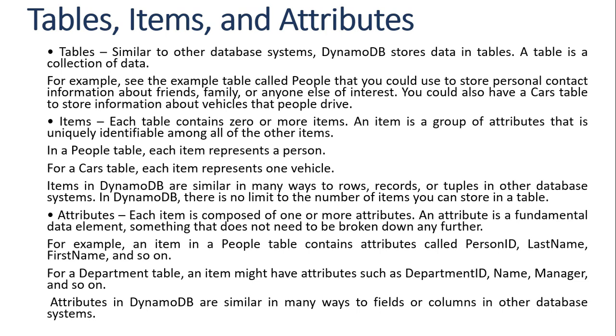For example, an item in a people table contains attributes such as person's ID, last name, first name, etc. For a department table, an item might have attributes such as department ID, name, manager, etc. Attributes in DynamoDB are similar in ways to fields or columns in other database systems.